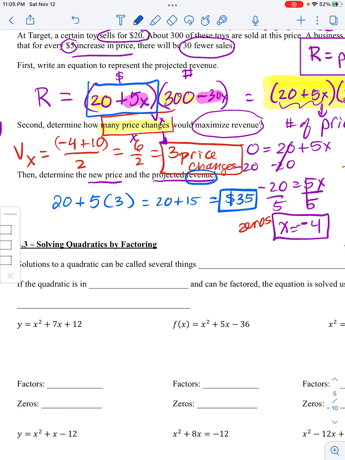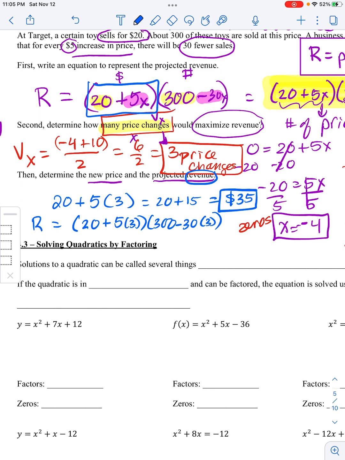Well, my revenue equation was this one up here. I'm going to have 20 plus 5x, which I just figured out was 35. And if that's confusing, you can just start with the whole formula. If you don't put that all together when they just ask you that, you would just go to your formula, 20 plus 5 times the 3 that you just got as the right number of price changes to maximize, and then 300 minus 30 times the 3 price changes.